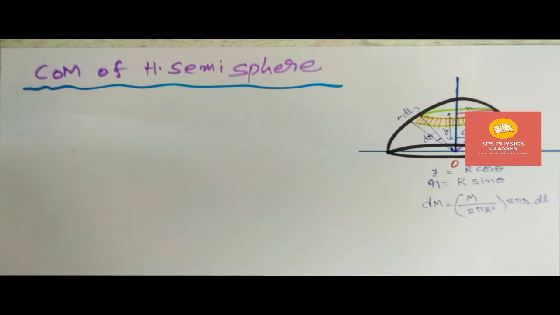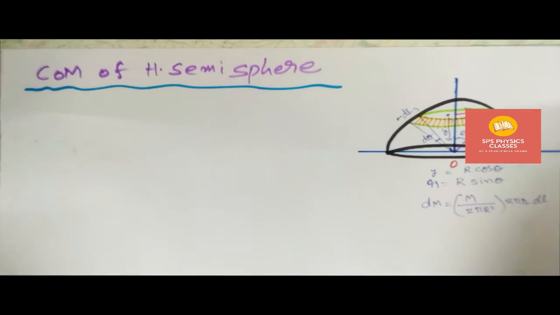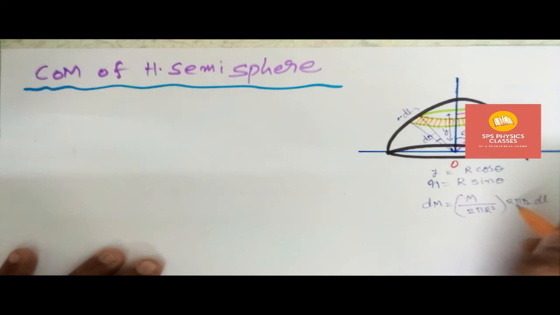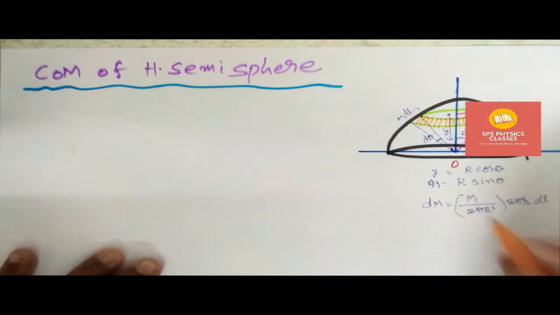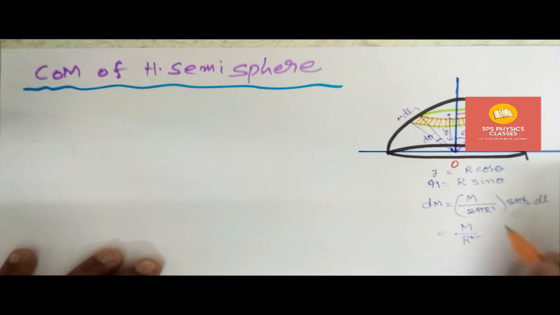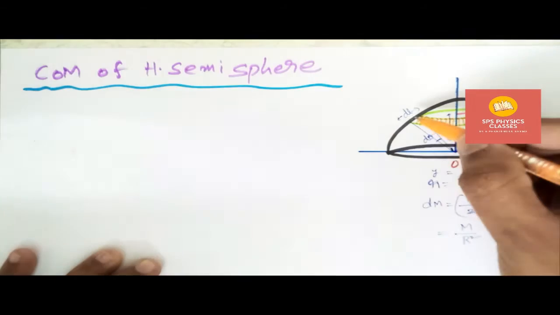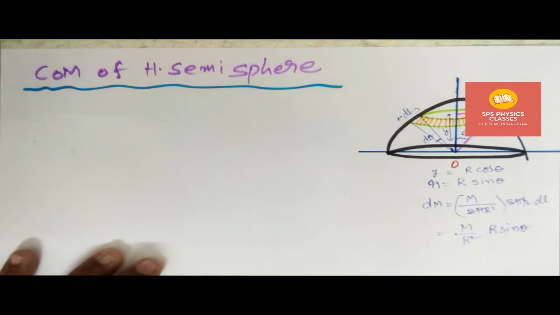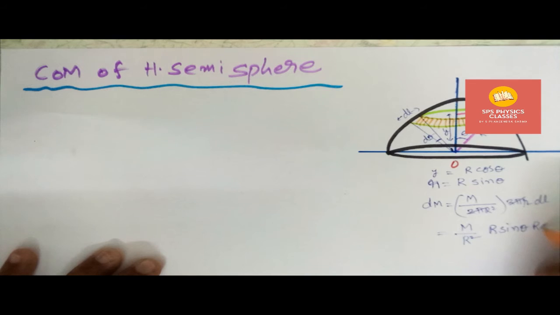Now like terms are cancelled; 2 pi gets cancelled, and we have M by r square, with the smaller radius r sin theta. And dl is simply radius into angle at the center, that means r d theta.